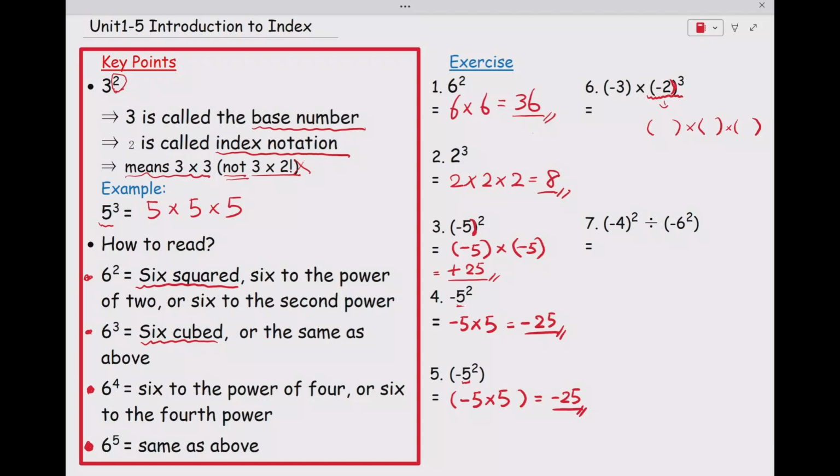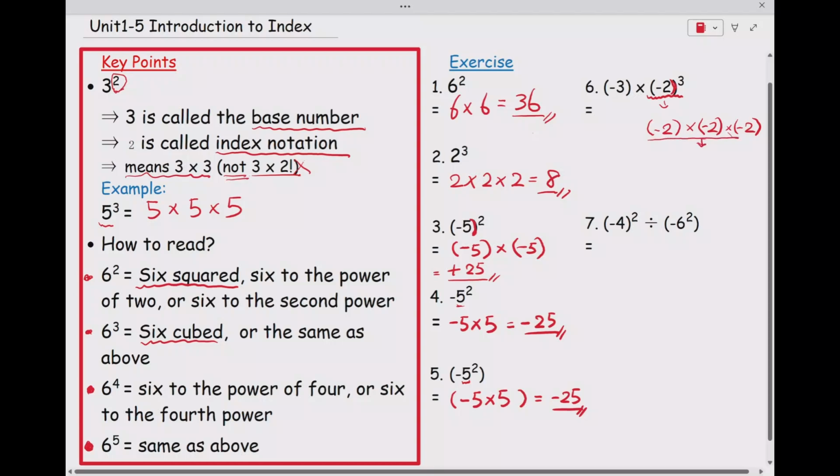And just copy the number to these brackets, and we get bracket minus 2 times bracket minus 2 times bracket minus 2. And calculate this. First, the sign of the answer will be negative, because there are 3 negatives, which is an odd number. Next is the numbers. 2 times 2 times 2, which is going to be 8, so that the answer would be minus 8.